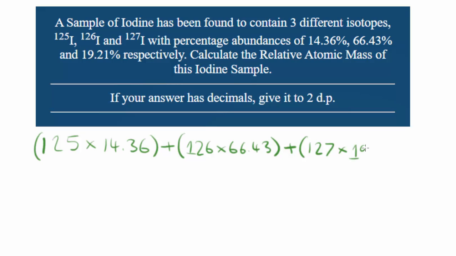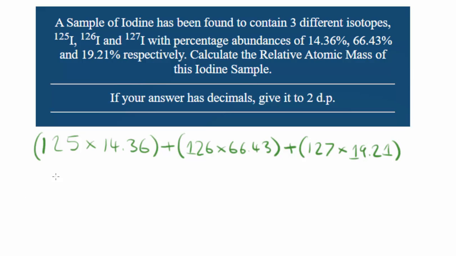And all of this has to be divided by the sum of the percentage abundances. But before we do that, I'm actually just going to work out what the answer of this is.